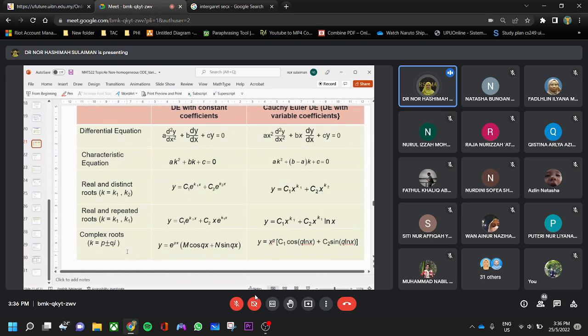And finally, when the roots to the corresponding characteristic equation of the respective differential equation happen to be complex roots, then yang pertama dia akan mengambil bentuk e to the power of Px M cos Qx plus N sin Qx. So kalau dia Cauchy Euler, dia mengambil bentuk begini.